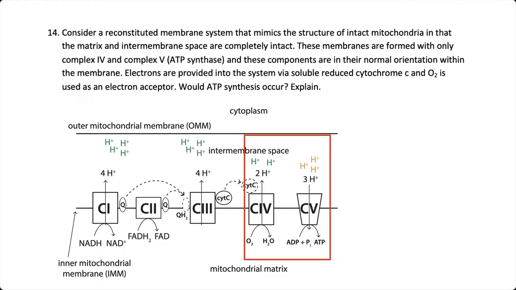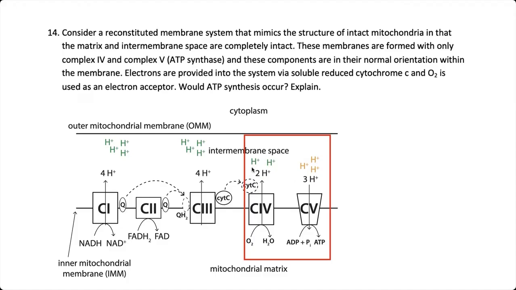Would ATP synthesis occur? Okay, so we've got these two complexes, and we're saying that we're providing reduced cytochrome C. So we're providing cytochrome C with electrons, and then we have the oxygen. Could we make ATP? Yeah, we can pump protons through complex 4.